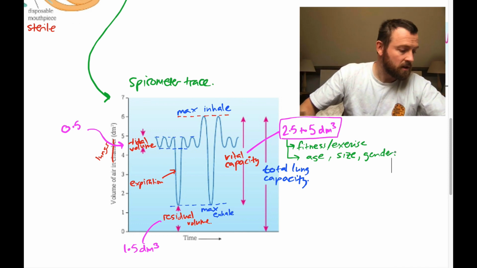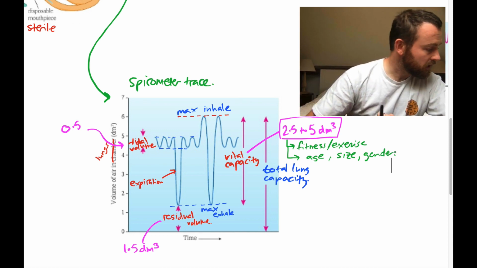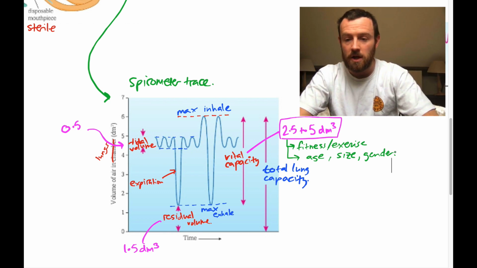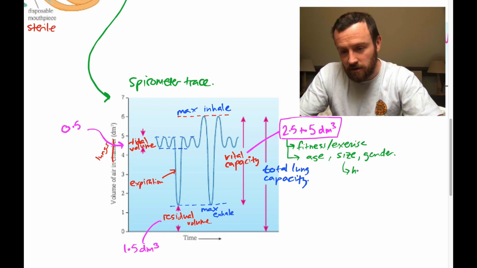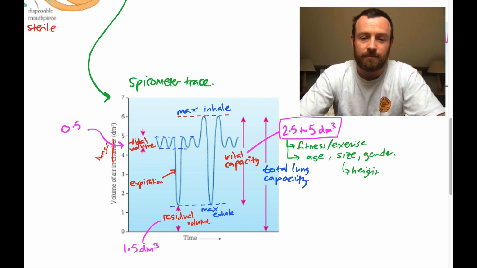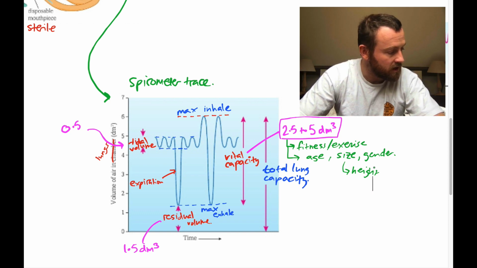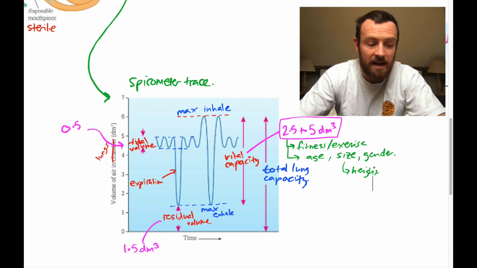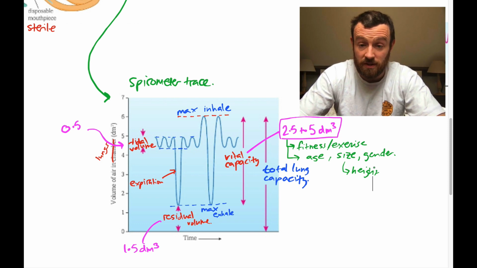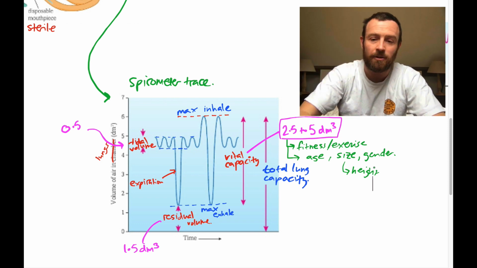Okay, all those things are going to affect it. Oh, and also their height as well, because that's kind of to do with size, but height as well. Okay, so those things are going to affect those lung volumes. Okay, so hopefully that has clarified that. More information on page 176, 177 if you want to go over a bit more detail.